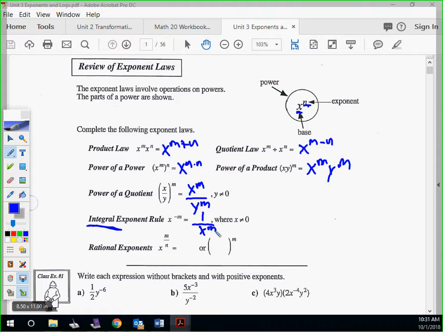We did this one in Math 10, and it was a very difficult part of exponents in Math 10. I remember we did those fractional exponents, remember? So how does that work? x to the m over n is the same as the nth root of x^m.